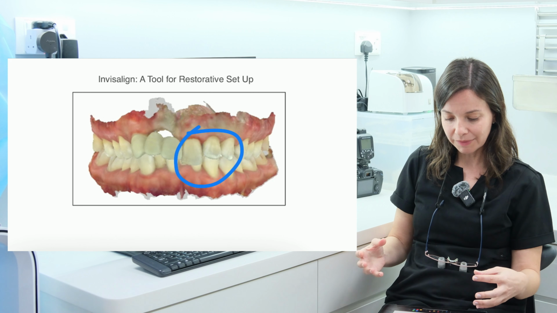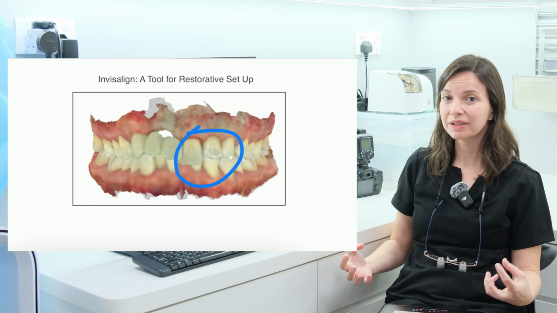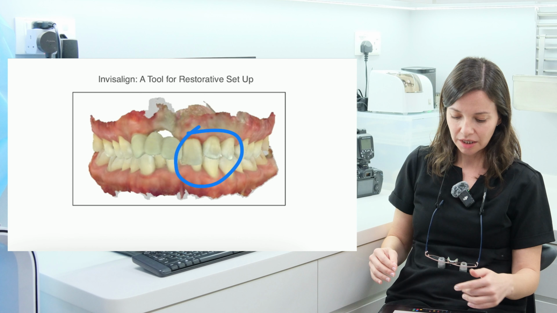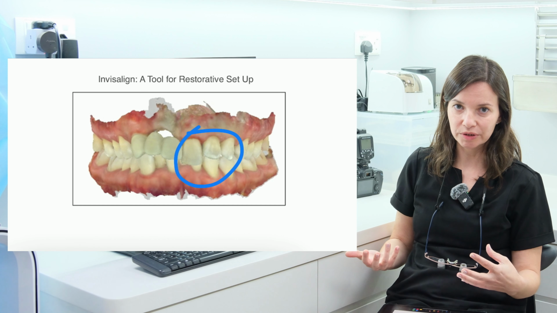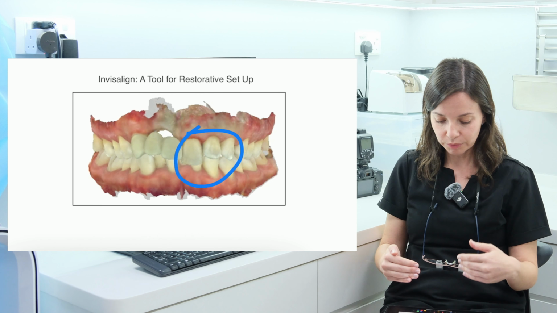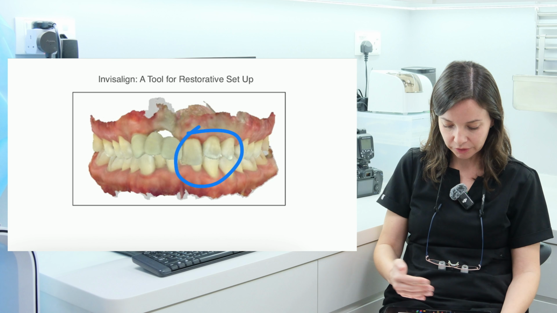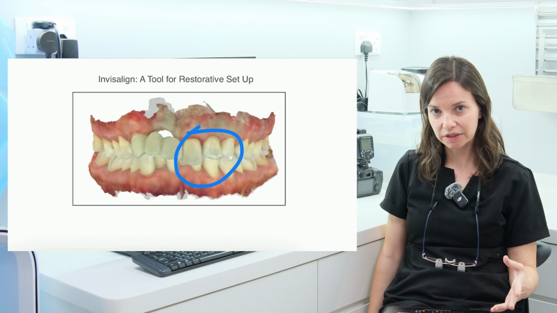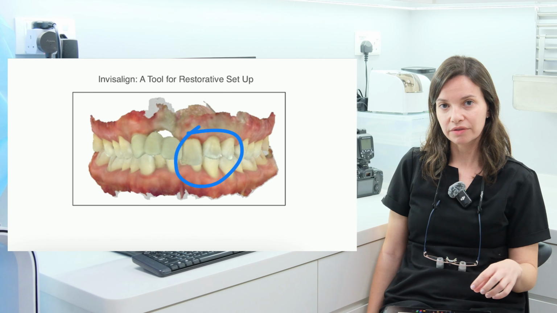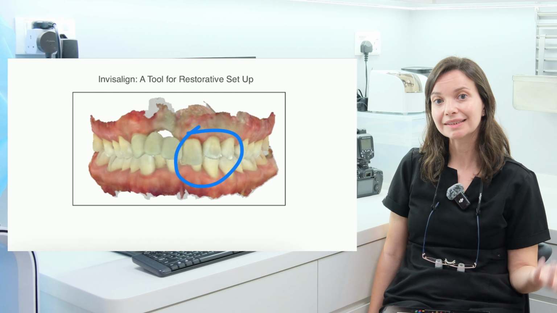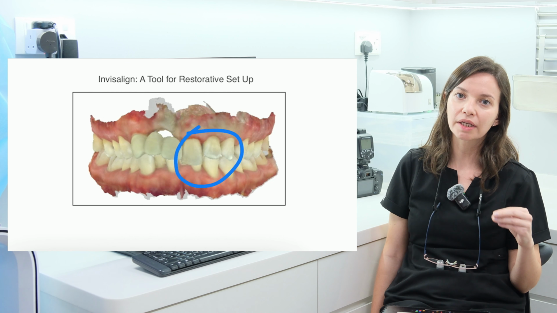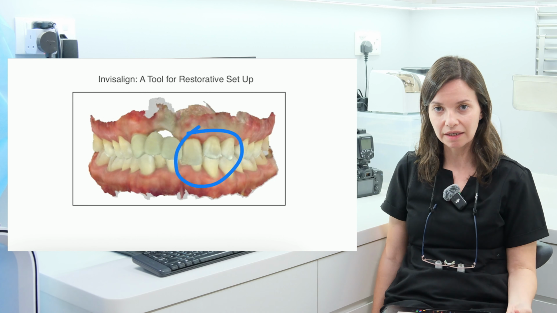So if we want to make a final restoration, we really can't do that without moving the teeth back into a normal position. So for this case, we have no choice but to orthodontically, either with Invisalign or braces, move the teeth up in order to create room for the final restoration. So that is a situation where you can use Invisalign to set up for a future more complex treatment to ensure that you get a good result both functionally and cosmetically.